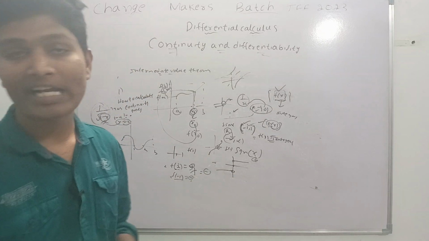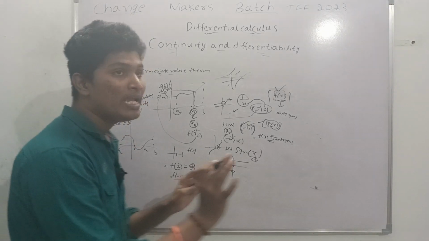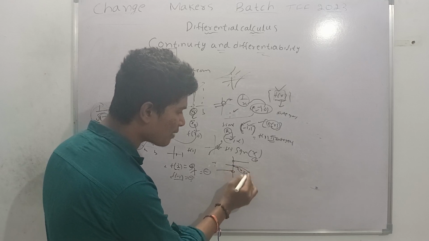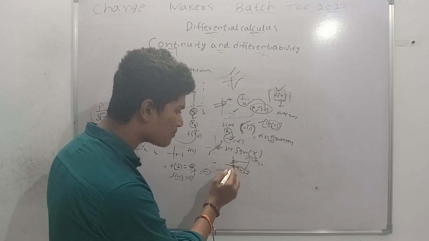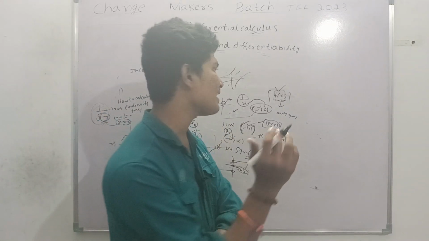So the continuity of signum of f of x should be checked at the points where f of x is equal to 0. Here you can observe that only at x equal to 0 the signum x is 0 and the graph is breaking.